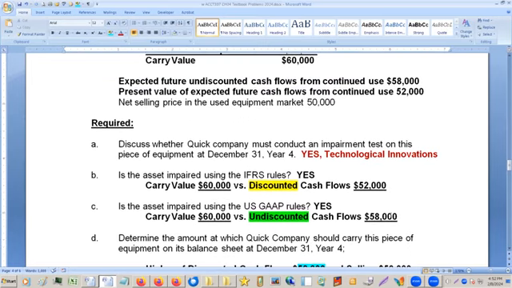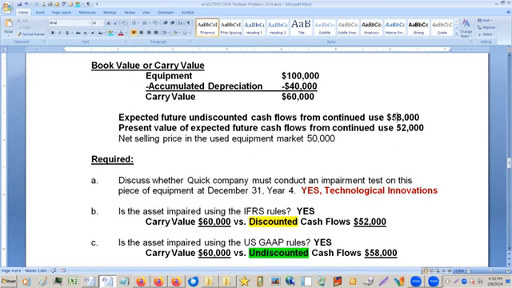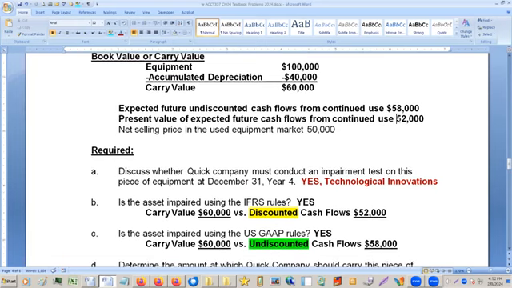Because if the undiscounted cash flows, for instance, were 62,000, there would be no write down for the U.S. standards, and the international standards would have a write down. And truthfully, the 52,000 is the value of what's coming in for this machine. We do discount cash flows going into the future. Okay.